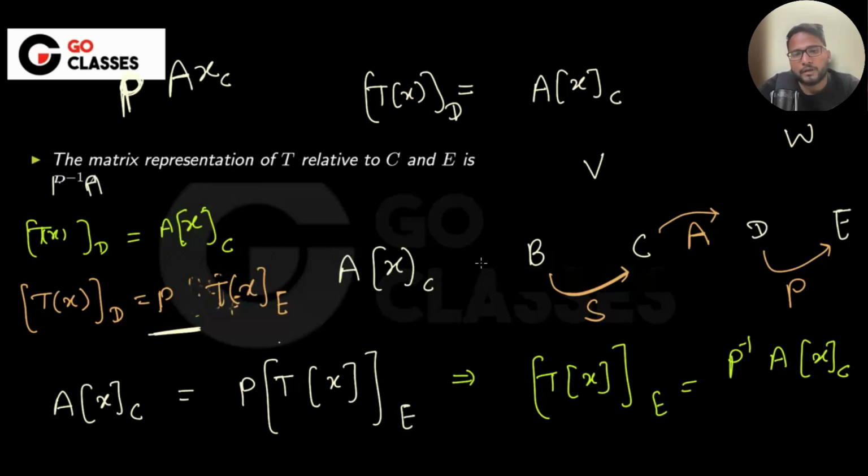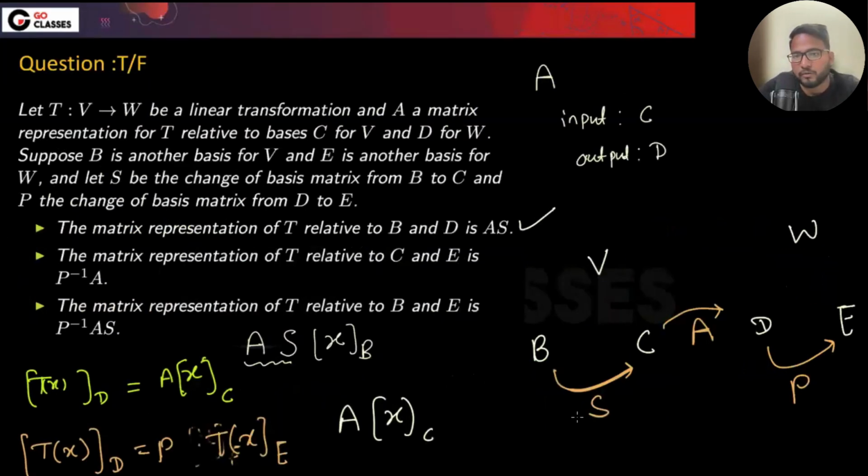It should be P. If it is P inverse, it should be P inverse here, right? So ultimately it should be P. So this should be false. I mean, this is quite intuitive also. I will check if there is anything here, but it seems like it should be false, right?